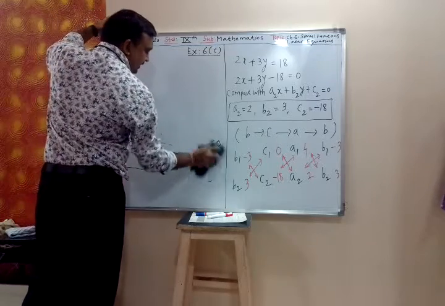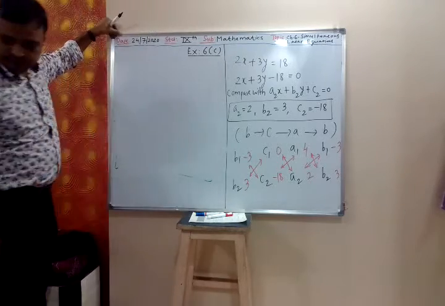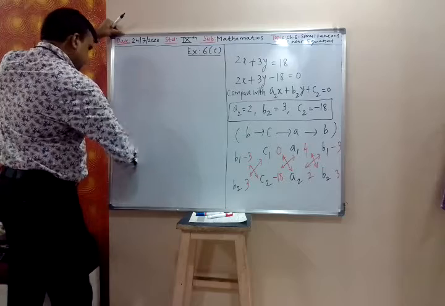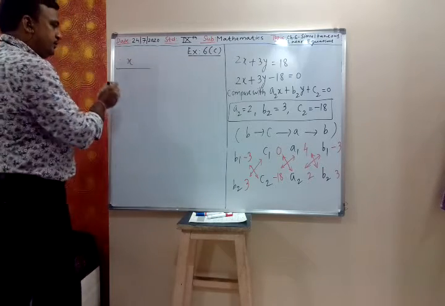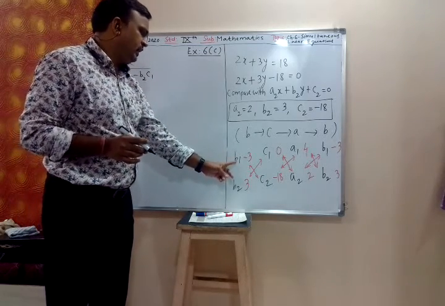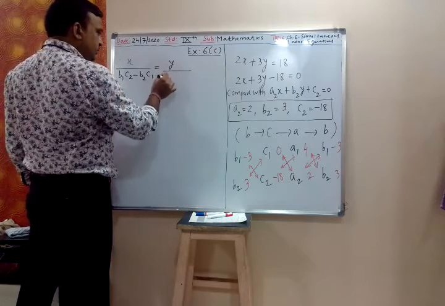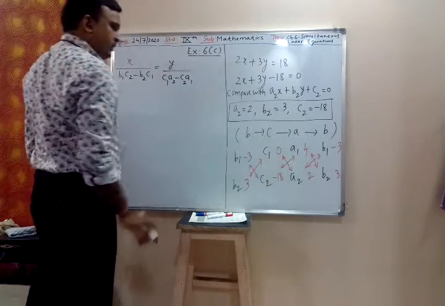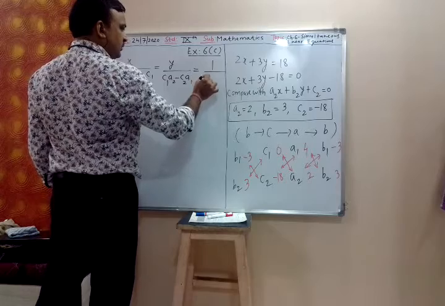B1, B2, C1, C2 we consider for X, then C1, C2, A1, A2 we consider for Y. So we write X upon B1 C2 minus B2 C1 is equal to Y upon C1 A2 minus C2 A1, where you cross multiply these first two, is equal to 1 upon A1 B2 minus A2 B1.